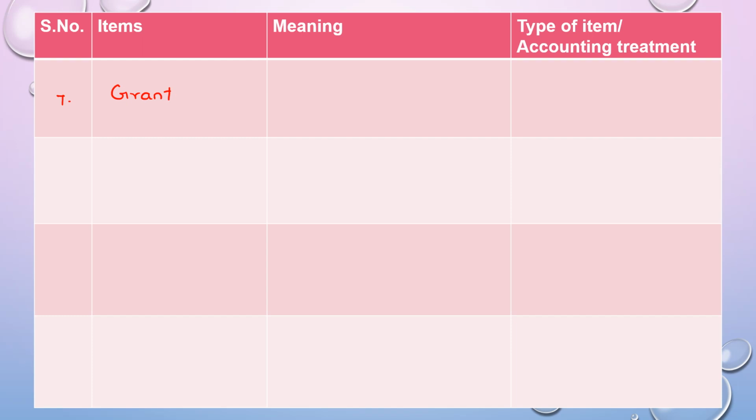Now, in the not-for-profit organization, you would find a term called grant. Now, what are grants? Normally, government will sanction some amount for some specified purpose. So the amount is received for a specific purpose. For example, government gives a grant for polio eradication.